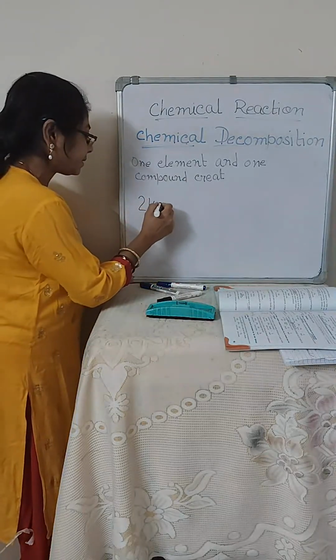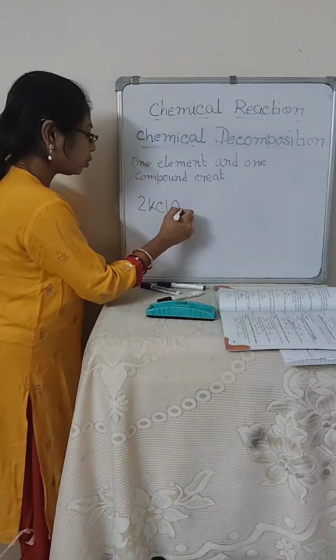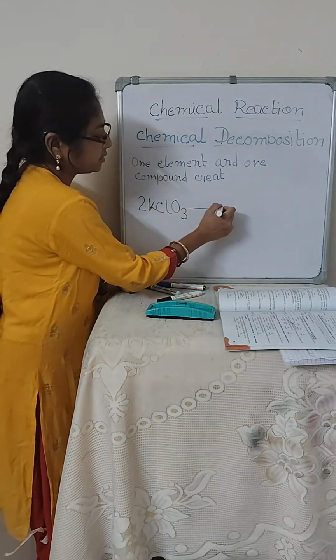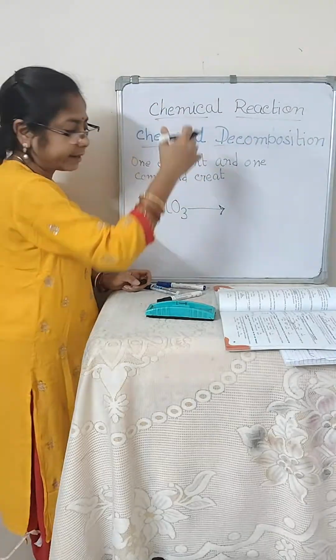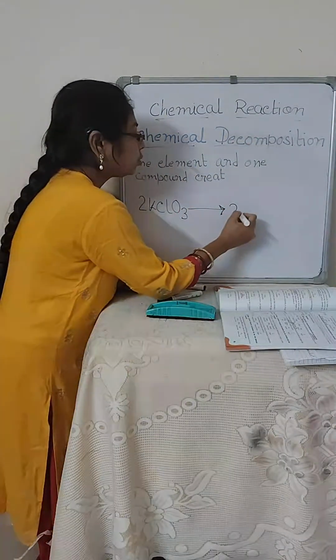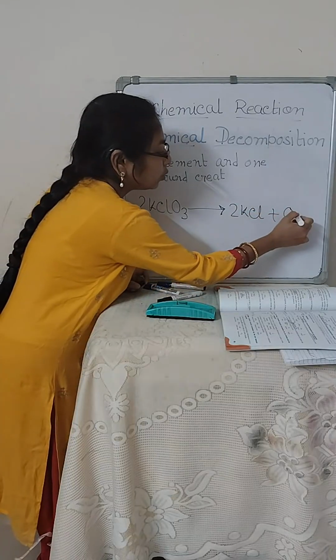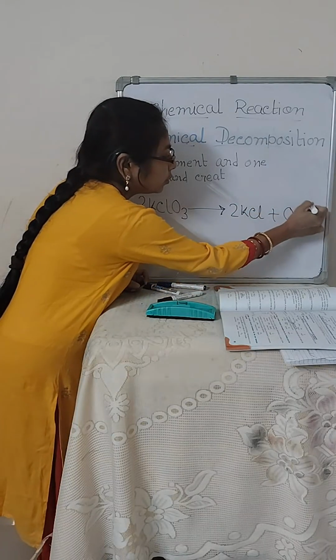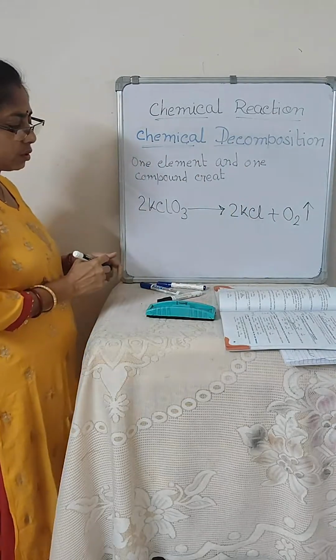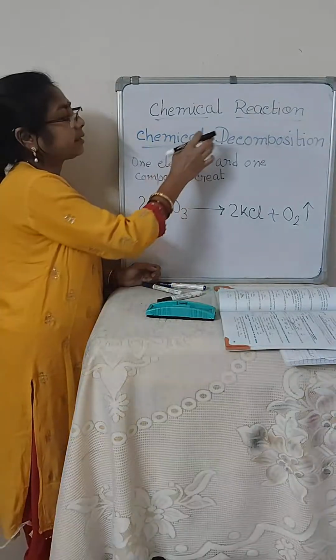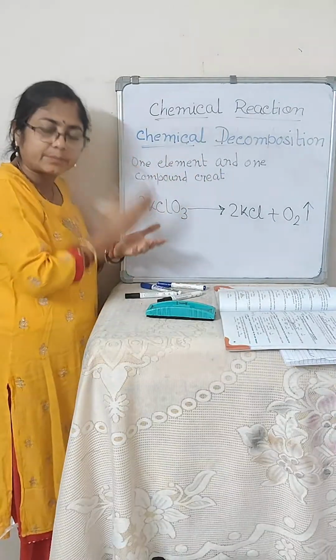Two KClO3, potassium chlorate. It is decomposition, means it breaks down, giving 2KCl plus O2.